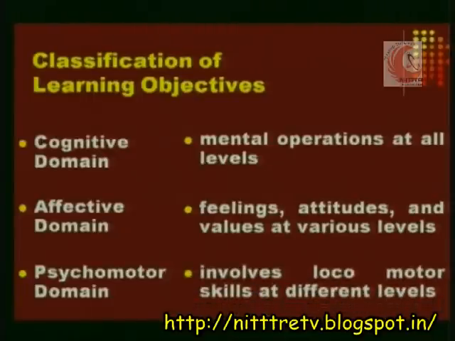This involves locomotor skills at different levels: the activities, the experiments in the laboratories, workshops, field work, drawing. So, this portion of practical work will come under the psychomotor domain, but our focus for theory subjects is the cognitive domain only. So, I will just explain briefly what is the cognitive domain, what comes under that.